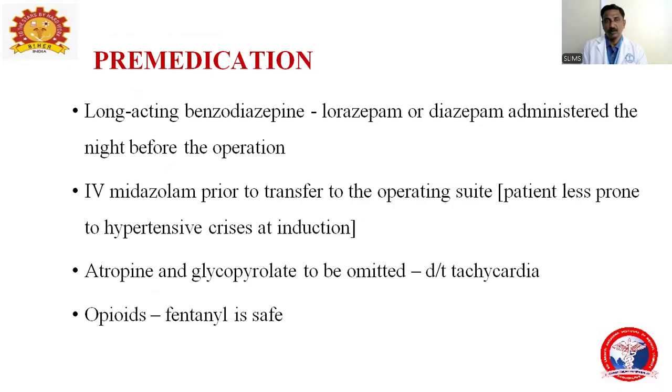Pre-medication before surgery: long-acting benzodiazepine like lorazepam or diazepam administered night before the operation, and IV midazolam prior to transfer to operating table. Atropine and glycopyrrolate are to be omitted due to tachycardia. Opioids like fentanyl are safe in pheochromocytoma patients.